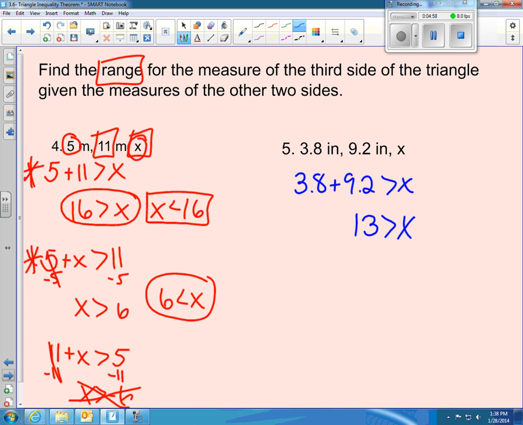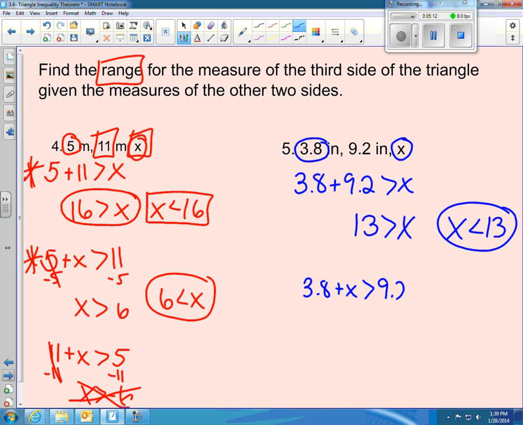So 13 is greater than x, or we can say x is less than 13. And then we're going to take my small side plus my x, so 3.8 plus x, and set that greater than my larger side. We're going to subtract my 3.8 on both sides.